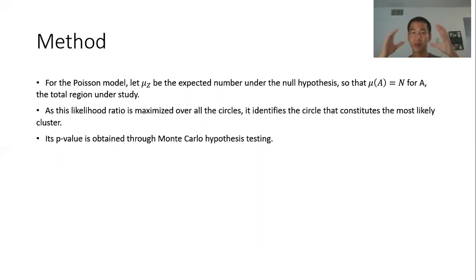As this likelihood ratio is maximized over all circles, and those circles are moving and cover different counties, this scan statistic can identify the circle which constitutes the most likely cluster. As for the p-value, it can be obtained by Monte Carlo hypothesis testing. Basically, we use the null hypothesis to see how extreme the statistic can be if the null hypothesis is true.